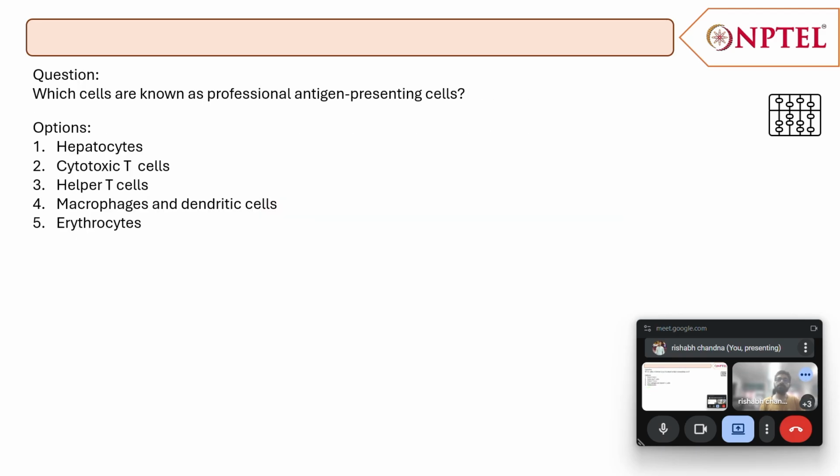Which cells are known as professional antigen presenting cells? So what can be the correct answer?